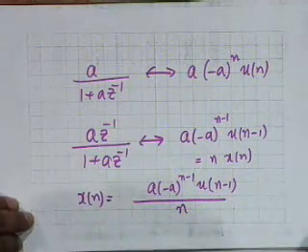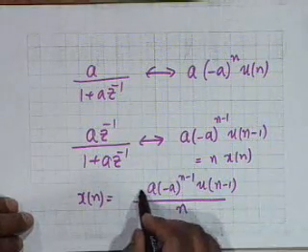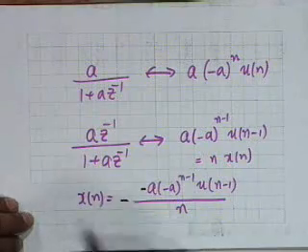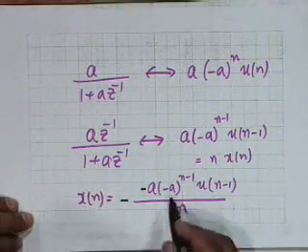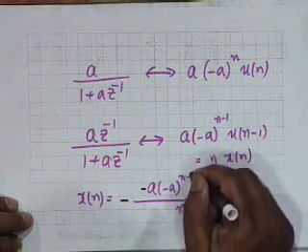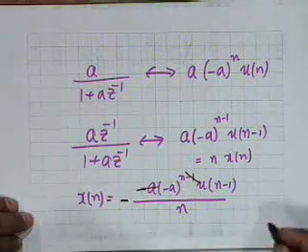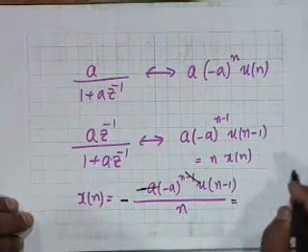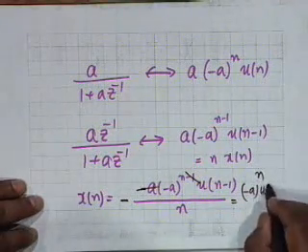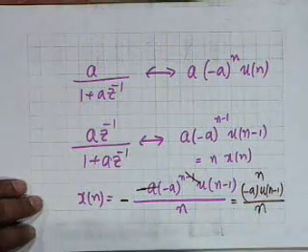This can be written in a slightly different form like this. Let's bring a minus sign here, a minus here and a minus here. Then minus a and minus a to the power minus 1 cancel out. So the end result becomes minus minus a to the power n u of n minus 1 divided by n.